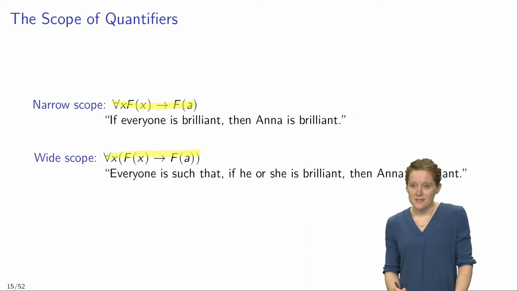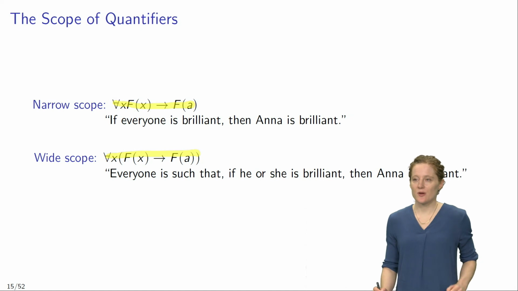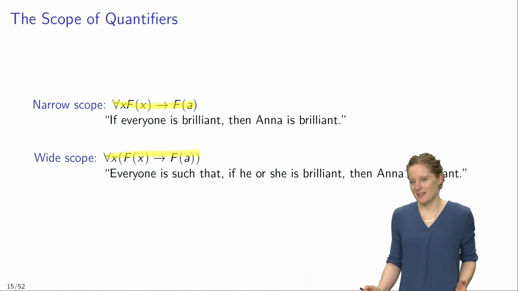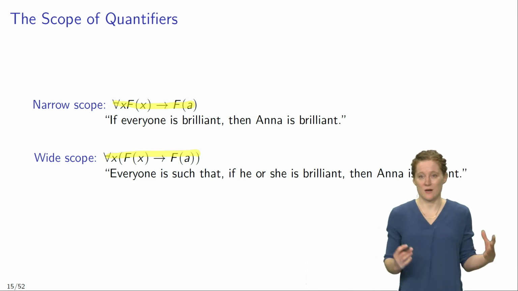But the wide scope sentence can be understood as saying everyone is such that if he or she is brilliant, then Anna is brilliant. And those are two crucially different sentences. So it's always important to pay attention to the scope of the quantifier and in particular to whether the quantifier has wide or narrow scope.